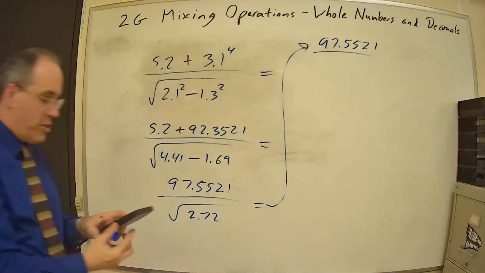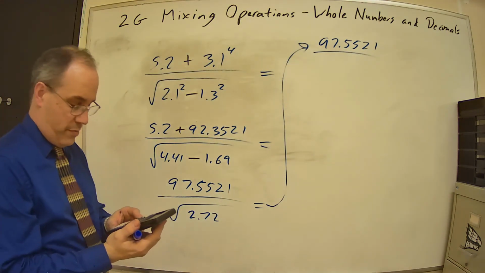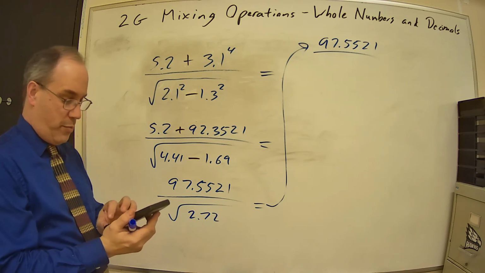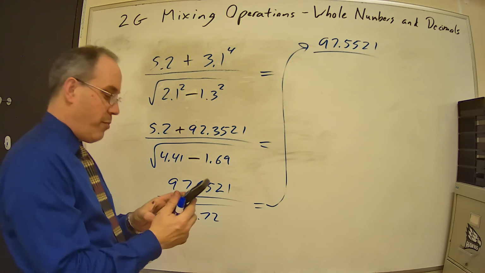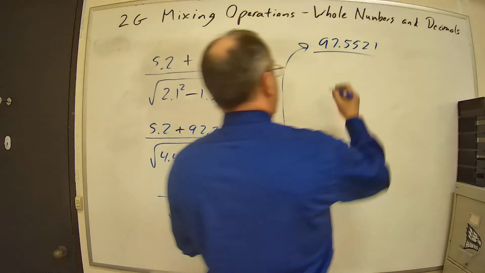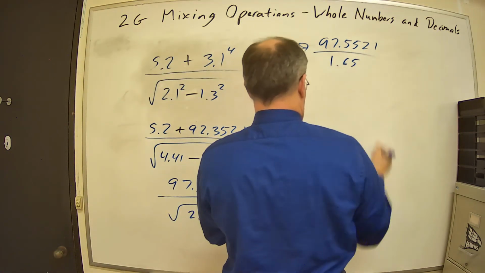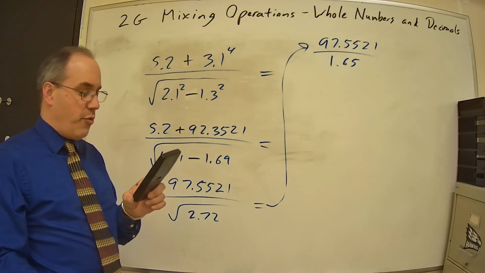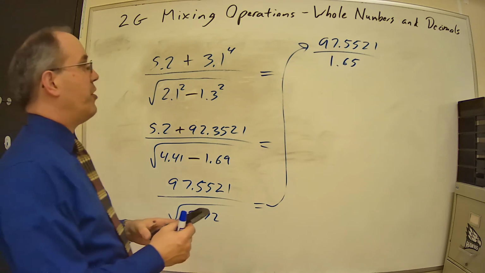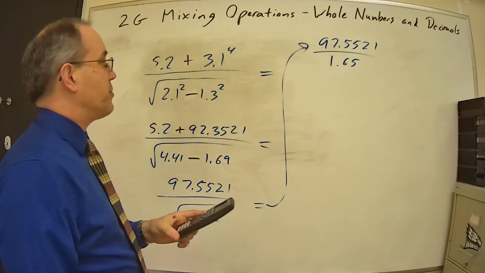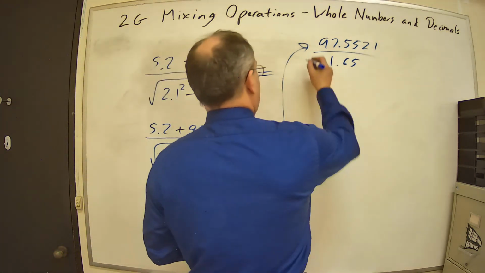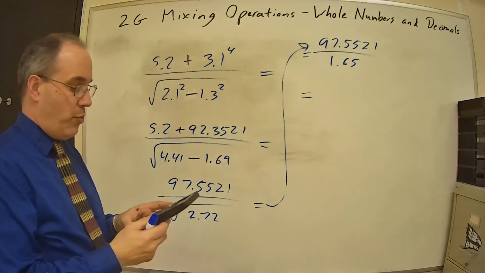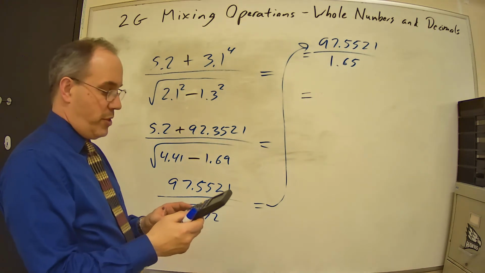And now I'm going to take the square root of 2.72. So the square root of 2.72 gives me 1.65 approximately. I rounded that because it actually gave me 1.64924225, whatever. So 1.65 approximately. And now I divide 97.5521 by 1.65.